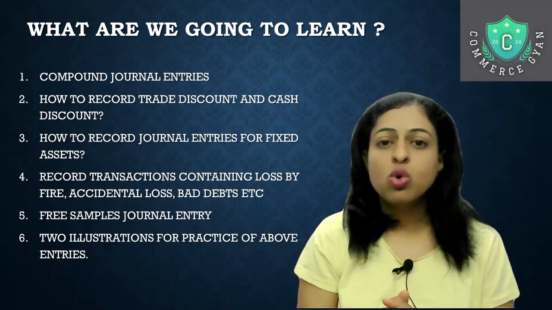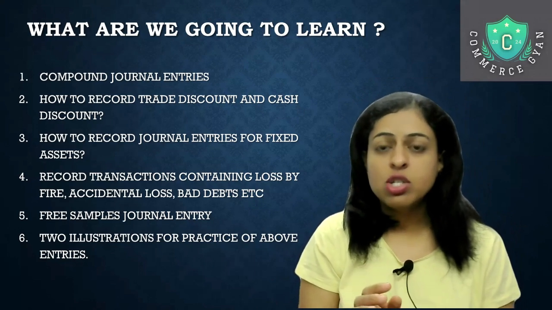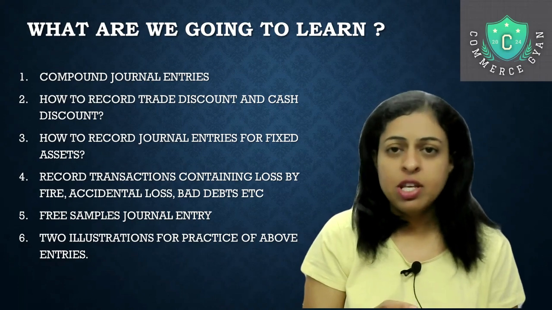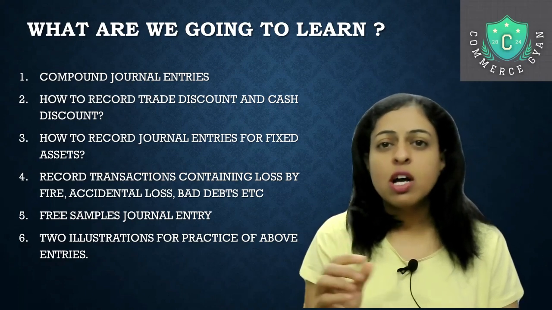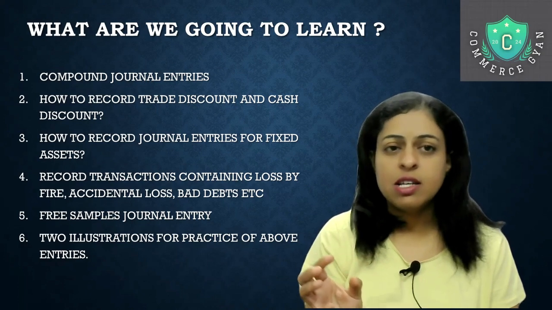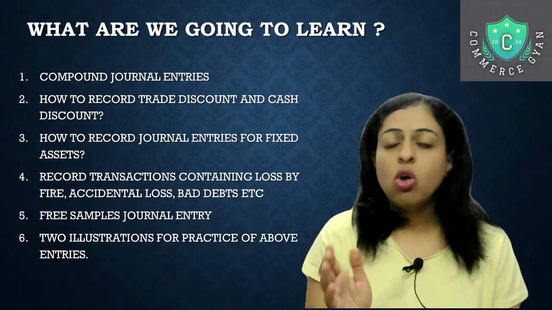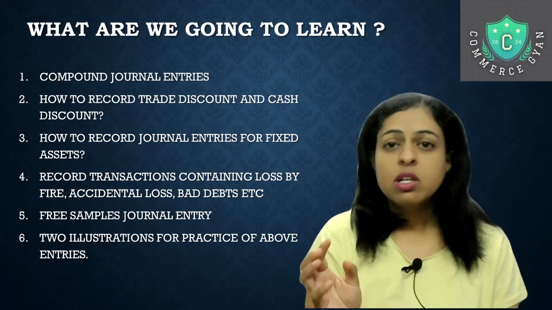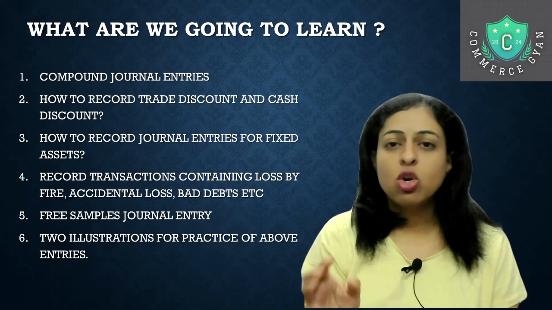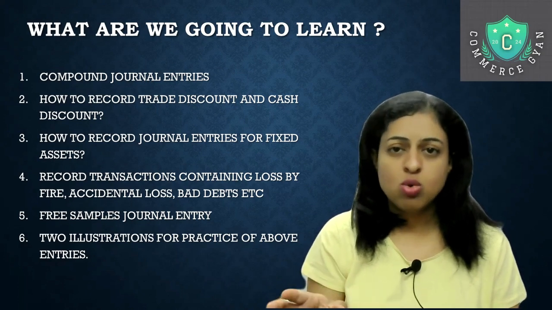Then we will also understand the journal entries for recording of fixed assets. Now, fixed assets are a special type of entry because there will be certain cost accounting principles and all applied. So, you will have to understand this in detail. Next, you will also have journal entries connected with losses. So, there could be loss by fire, loss by theft, bad debt losses, and so on.